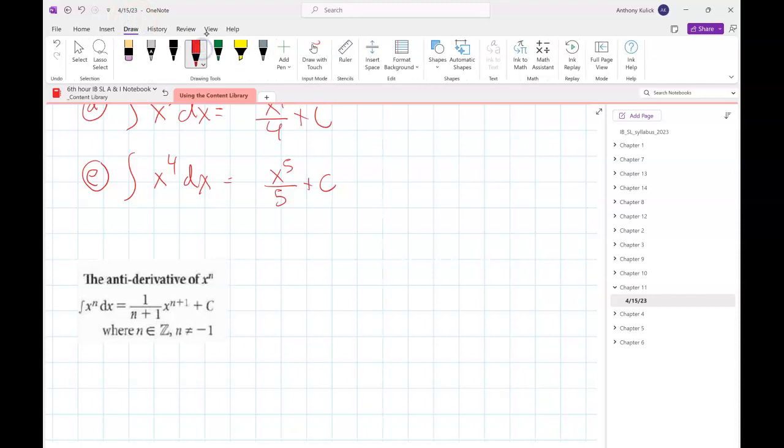Additional rules for integrals that would be helpful to you. The integral of a constant k times a function f of x, we can pull that constant to the front.